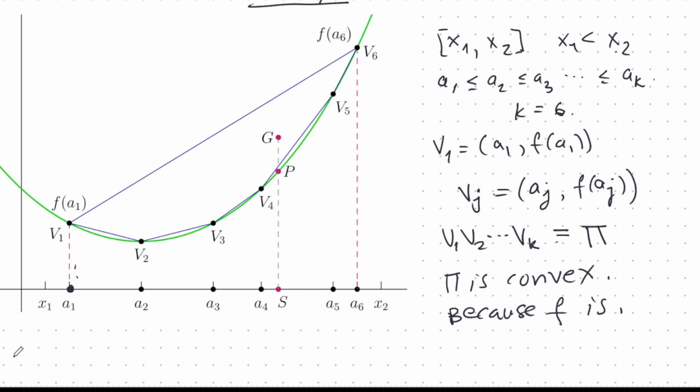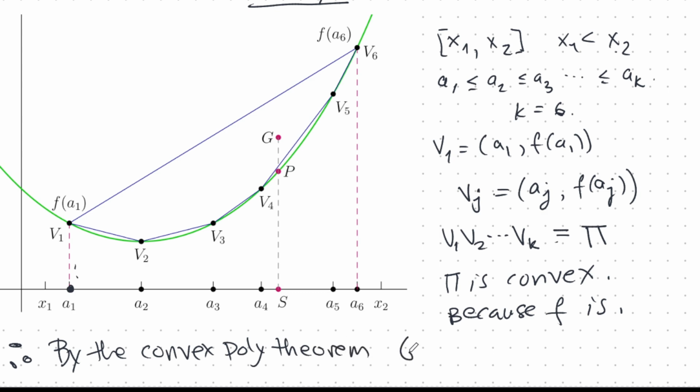And so therefore, by our favorite theorem, the convex polygon theorem, G is inside polygon pi, and this makes all the difference.